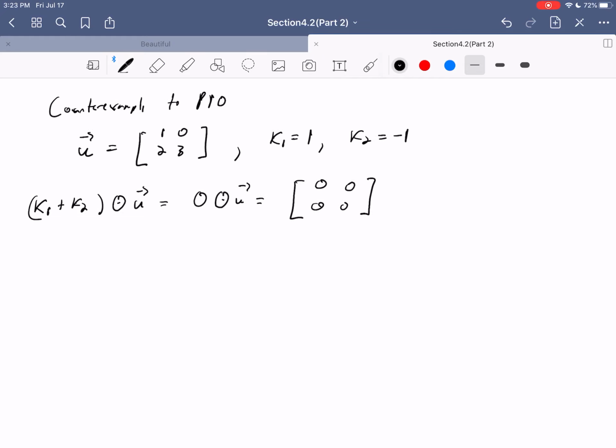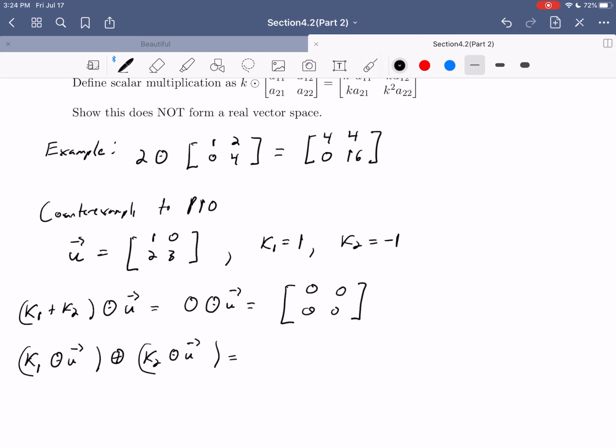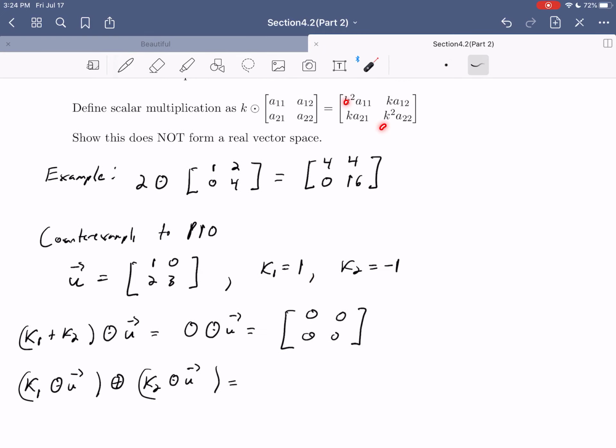Okay. The other way we're supposed to analyze it is K1 scalar multiplied with U, and then we're supposed to vector add that to K2 scalar multiplied with U. So since I'm doing K1, that would be 1. And since 1 squared is going to be 1, that's just going to be multiplying my matrix by 1.